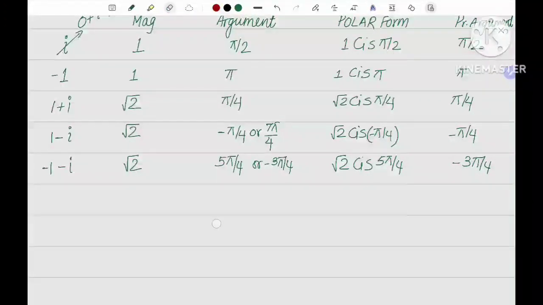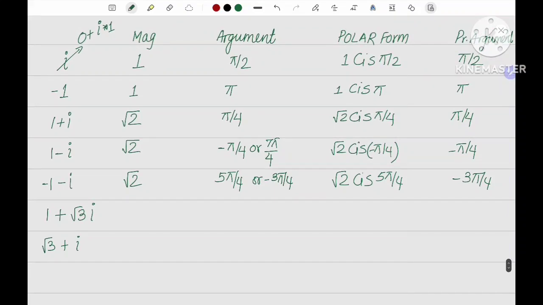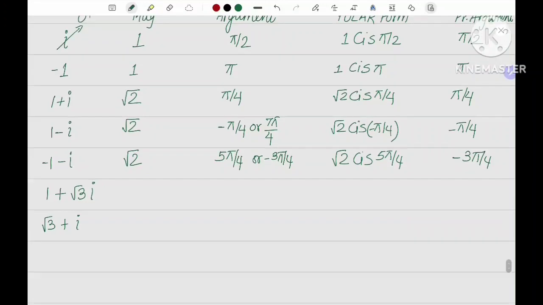I am giving you a few complex numbers which you try at home and let me know the answer. You tell me for 1 plus root 3i and root 3 plus i, for these two complex numbers, what is the magnitude, what is the argument, what is the polar form, and what is the principal argument.